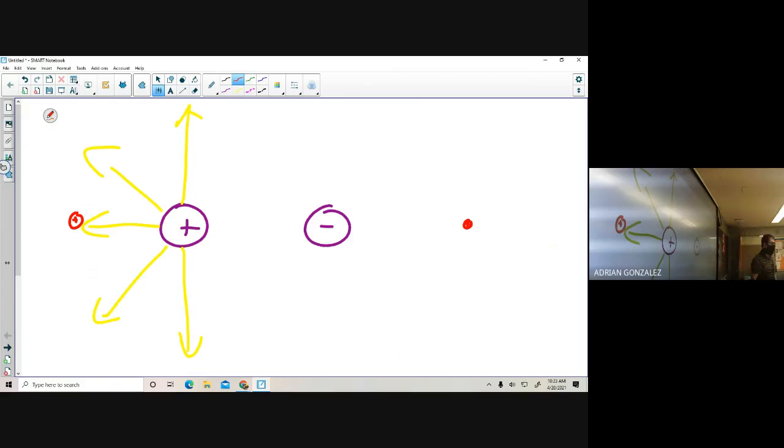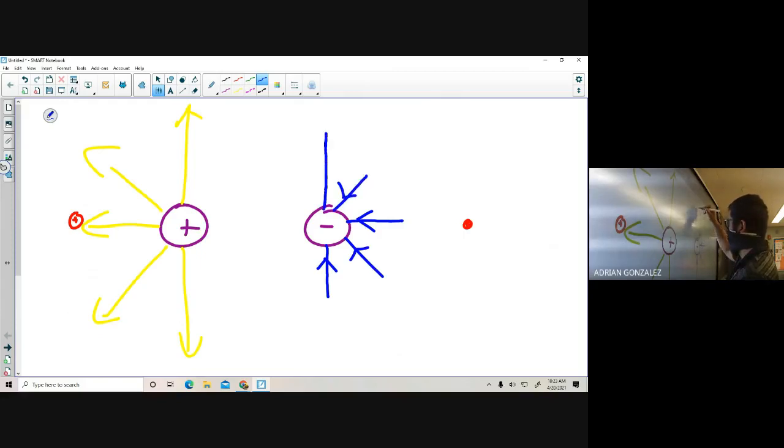I'm going to throw that little red test particle at the negative point charge. What's going to happen? It's going to get pulled in. Anywhere on this side, it's going to get pulled in.